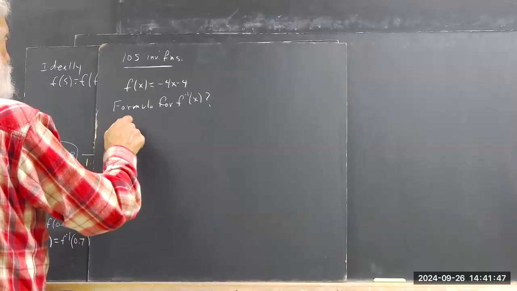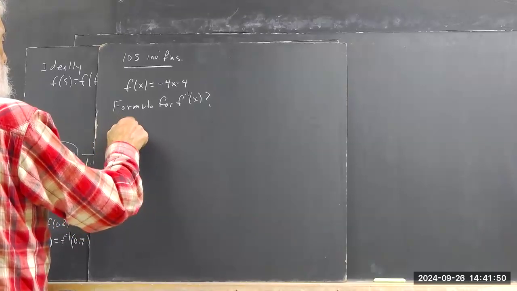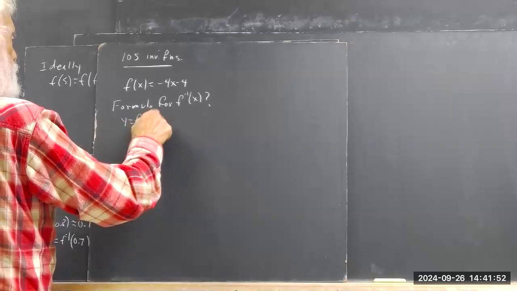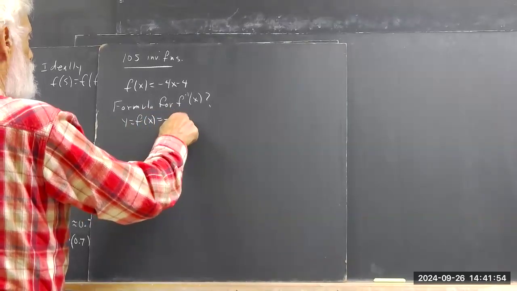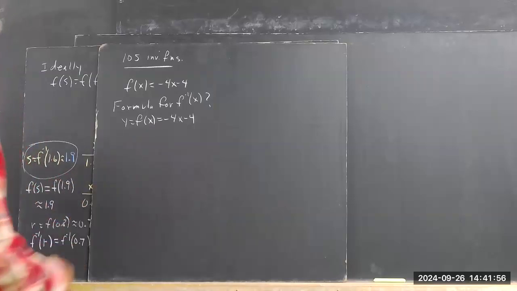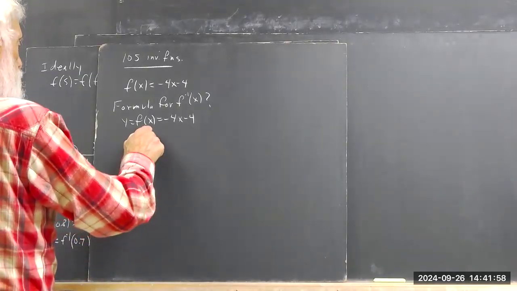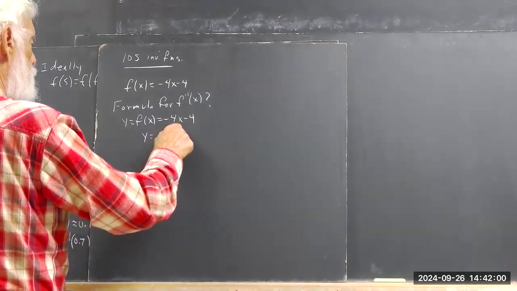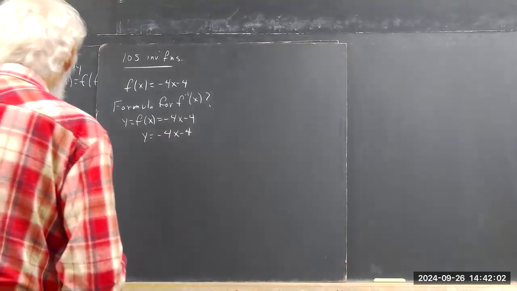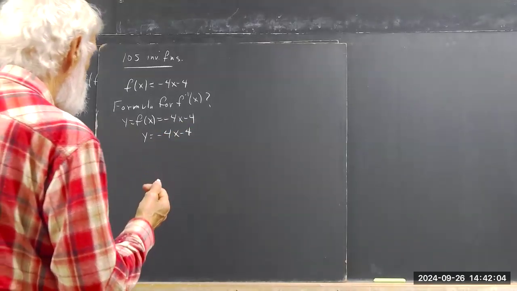Well, if we let y equal f of x, which is negative 4x minus 4, then that gives us y equals negative 4x minus 4. What's the big deal with inverse functions?